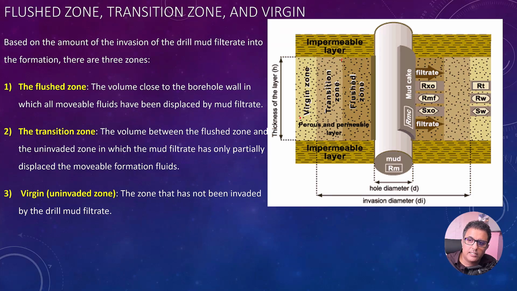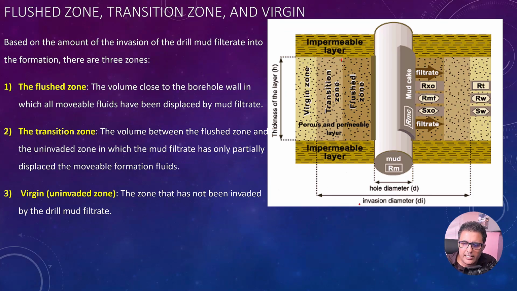Then we have the transition zone, the zone a little bit away from the borehole in which a fraction of movable fluids have been displaced by the mud filtrate. And then we have the virgin zone, the area away from the borehole in which no fluid has been displaced.